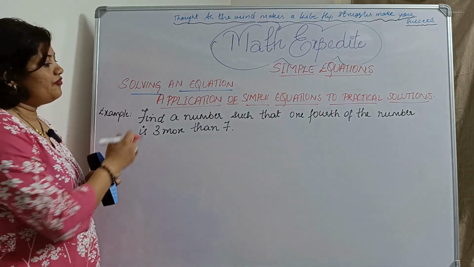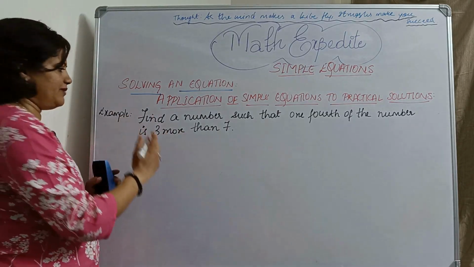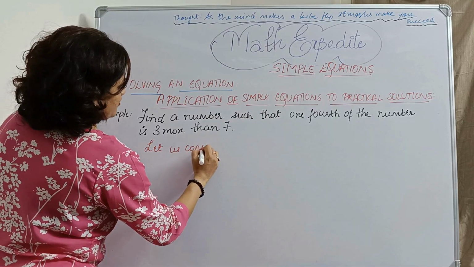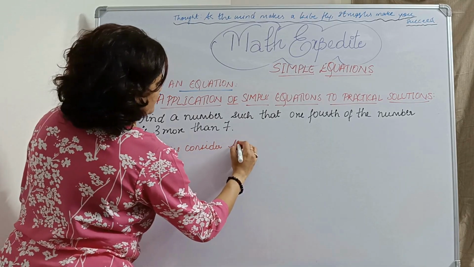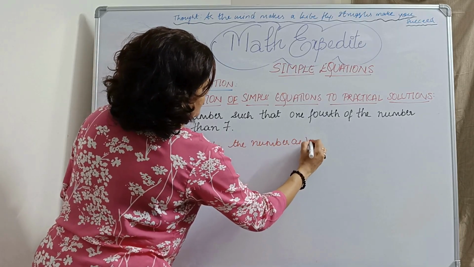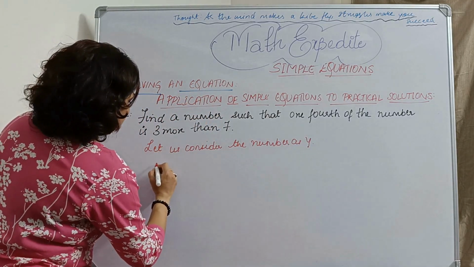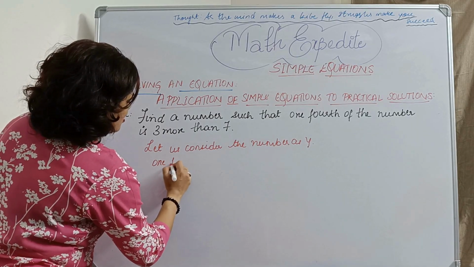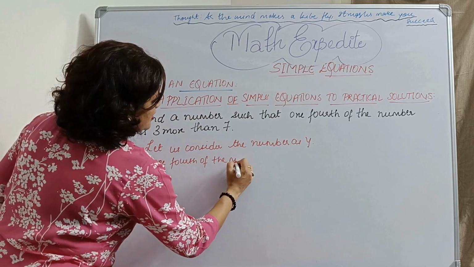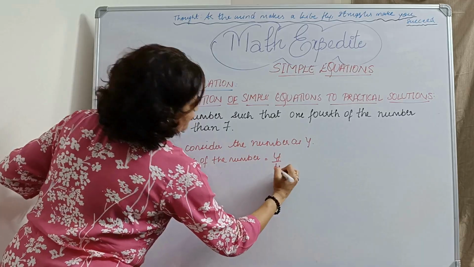Next example. Find a number such that 1/4 of the number is 3 more than 7. Here let us consider the number as y. Next, what they have said, 1/4 of the number. So let us see what becomes 1/4. 1/4 of the number will be y by 4.